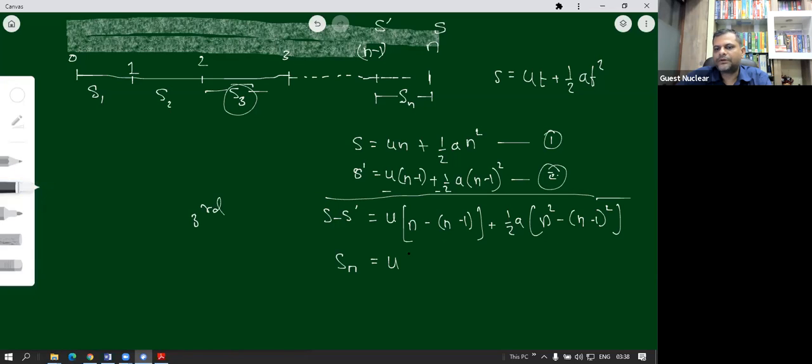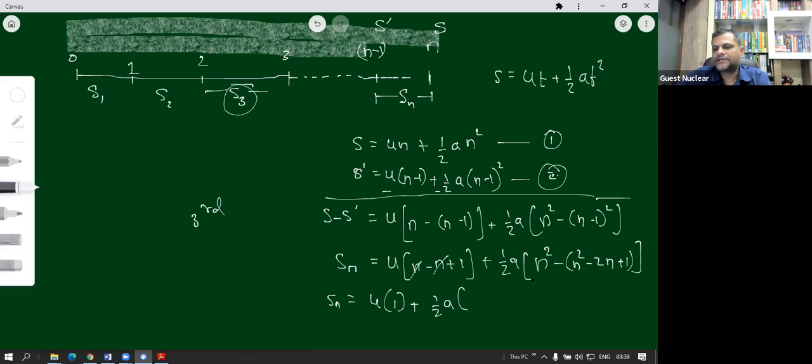Okay, so if we open the bracket, then we get this n minus n plus 1, where n will get cancelled in the next step. Okay, and here half a is already common, and n square as it is minus, if you open this bracket we get this n square minus 2n plus 1 according to the formula for a minus b the whole square, so that we get this Sn is equal to u into 1 plus half a is common out as it is into, here it is n square.